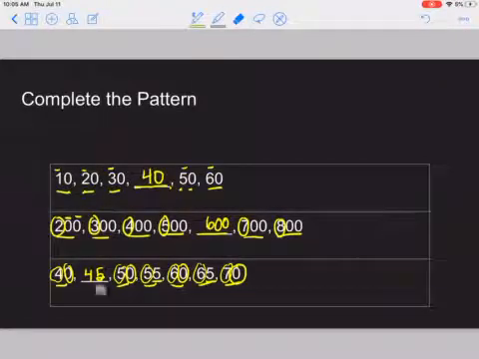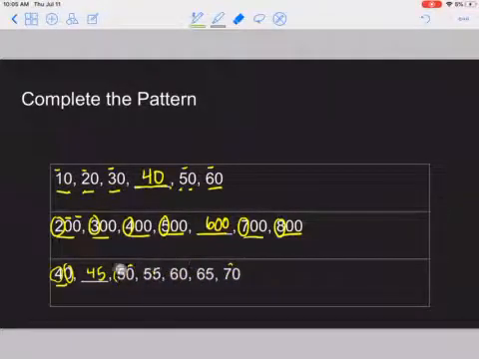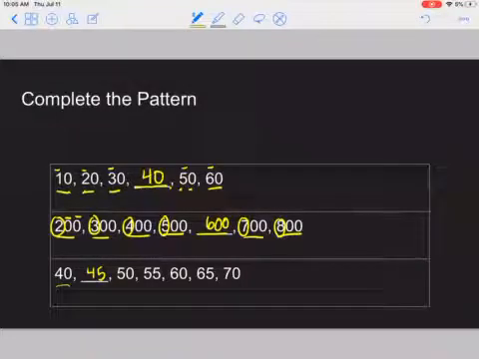Let me clean this up a little bit. And now let's count and see if that makes sense. 40, 45, 50, 55, 60, 65, 70. We got 0, 5, 0, 5, 0, 5, 0. So that pattern works.